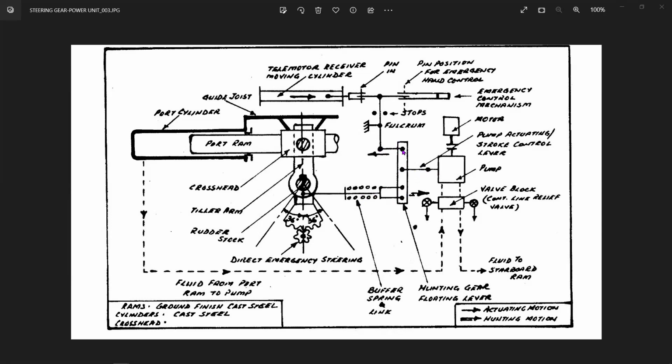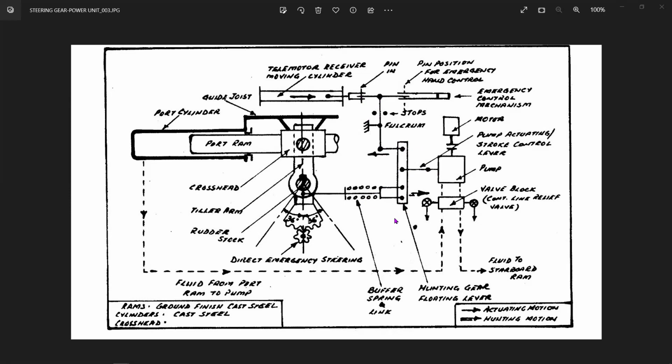This entire thing was inside a small casing, which was effectively placed inside oil, so that it would operate very smoothly. If the oil leaked out from the casing, then this used to get affected by frictional wear and other problems. So over the years, they have modified the systems.